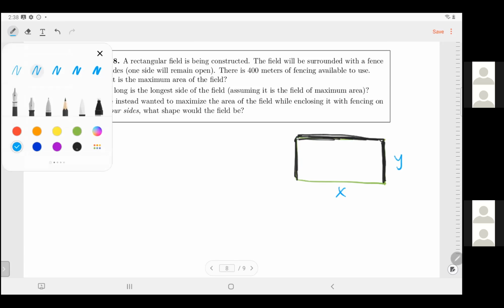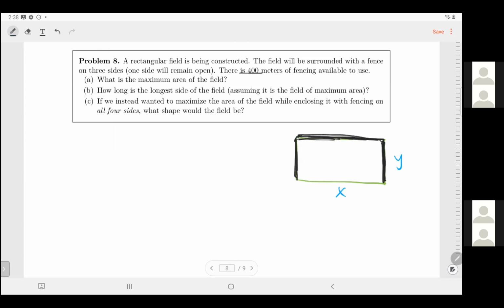Okay, so first of all, let's translate this. So okay, this is some field, 400 meters of fencing. How could I write an equation for that before I even get into parts A, B, or C? Based on this diagram.